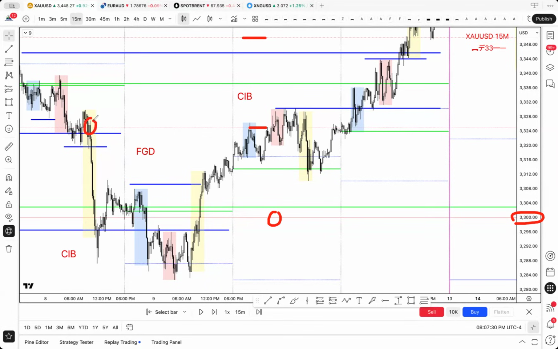But the highest probability situations are where you're coming off of a 0 or a 50 level. And mind you, most of your setups will either come from the previous day's low, the previous day's high level, or the closing price level.